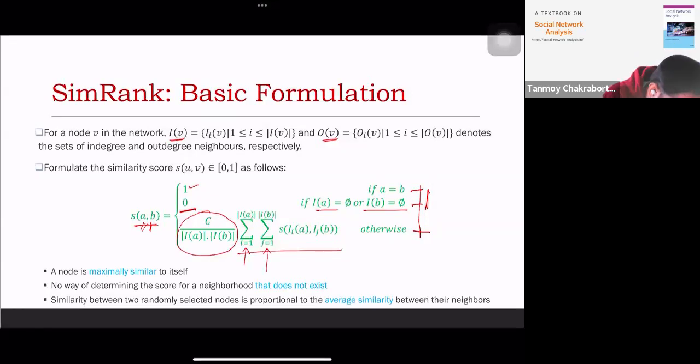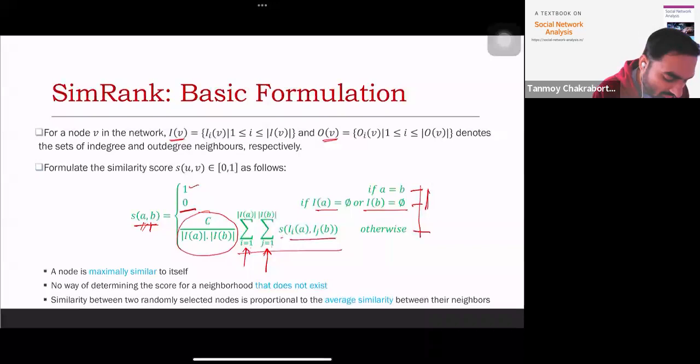So i goes from 1 to |I(A)|, and j goes from 1 to |I(B)|. Then we measure their similarity.